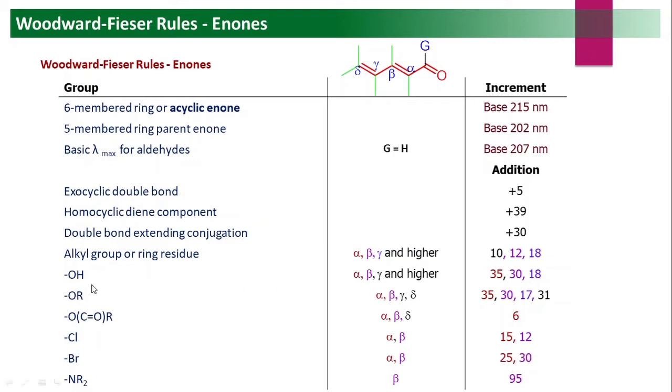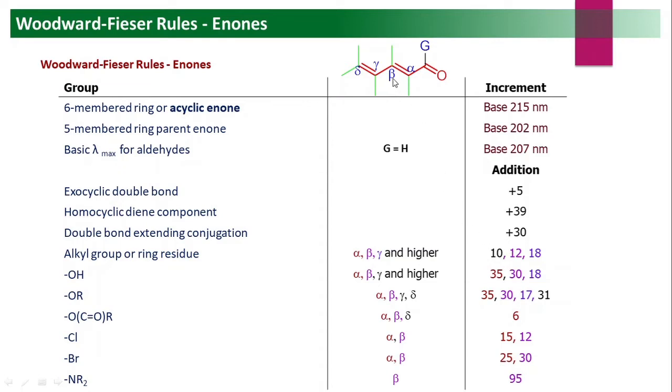Now we will see the substituents. If substituents are there, which value do we have to add? Suppose an alkyl substituent, or we can say a ring residue. Their positions are different, so for each position we have to add a different value. If an R substituent is at the alpha position, we have to add 10 nanometer.